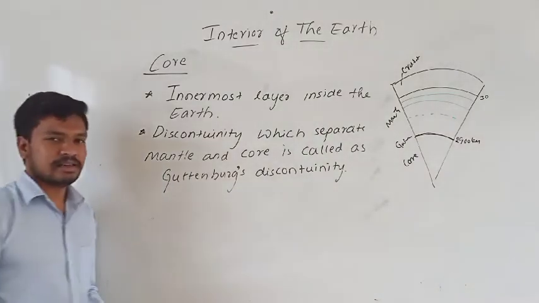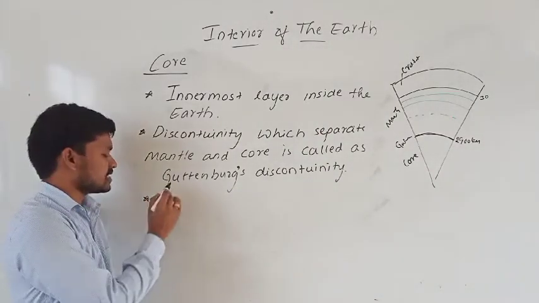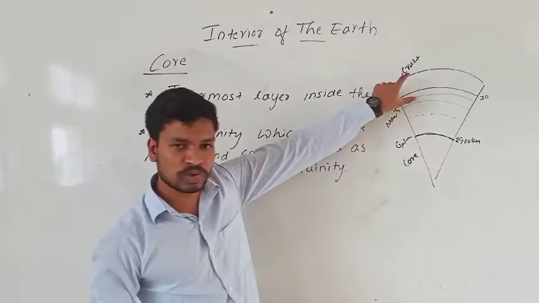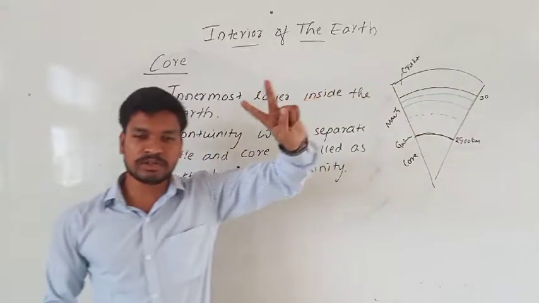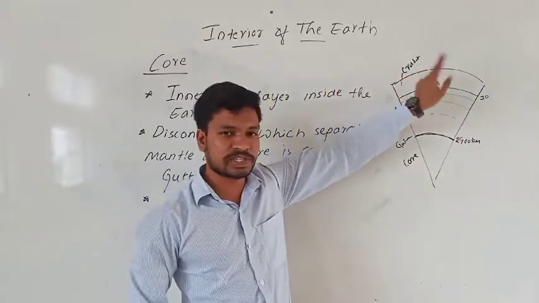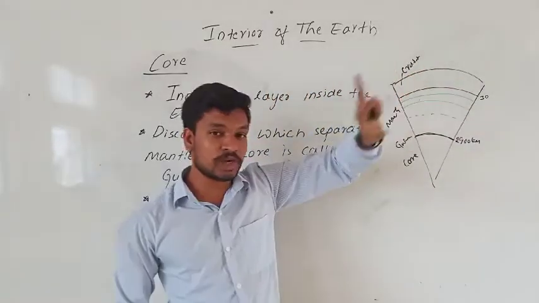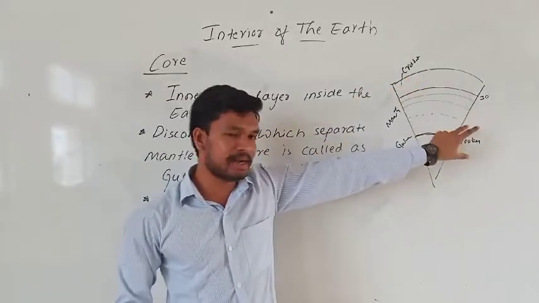Further, the core has two layers. Just like in the crust we have two layers, what are those? Continental crust and oceanic crust. In the mantle we have two layers, what are those? Upper mantle and lower mantle.